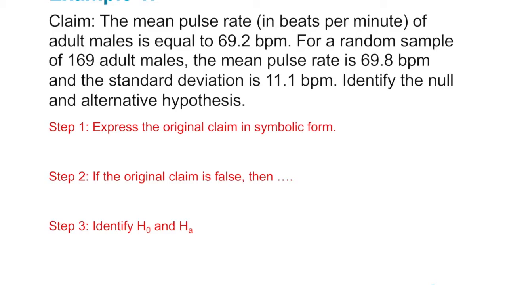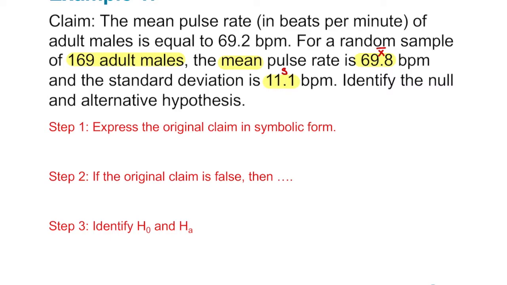First, I know that I have a sample of 169, and from these 169 people, I measure their pulse rate and that mean is 69.8. So this 69.8 is only my sample mean, because this is the mean of 169 adults. This is my x bar right here. And 11.1 is my sample standard deviation, s.